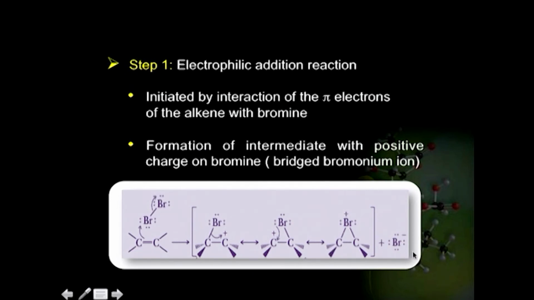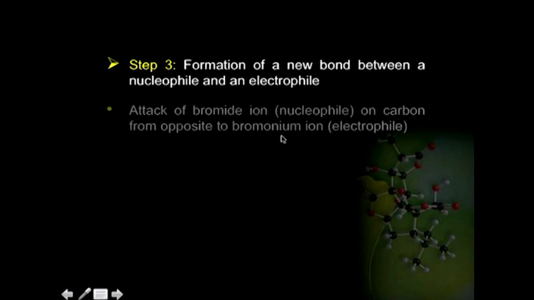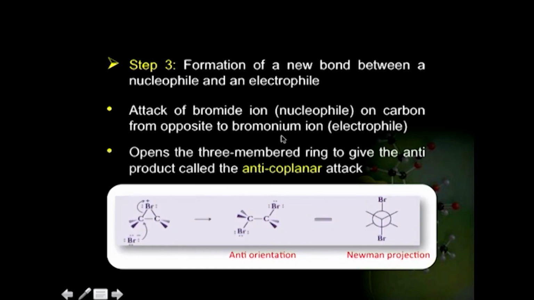With this we generate a nucleophile. So, in the next step, formation of a new bond between a nucleophile and an electrophile takes place, where attack of the bromide ion, which is a nucleophile now, on carbon from the opposite side to the bromonium ion, that is an electrophile, takes place.